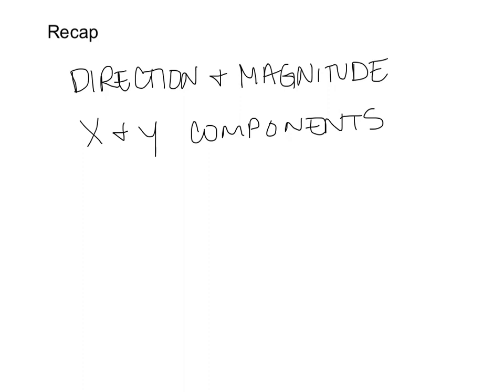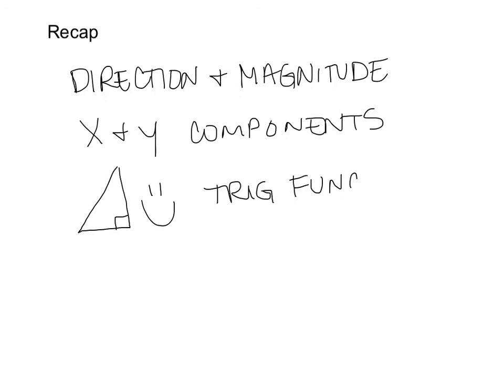And to find those x and y components, trig and right triangles are your friends. So we have to remember our trig functions. Scroll back in the video a little bit if you want to review what those were. We're going to use cosine to help us find our x component and sine to help us find our y component. And we can also do vector addition.